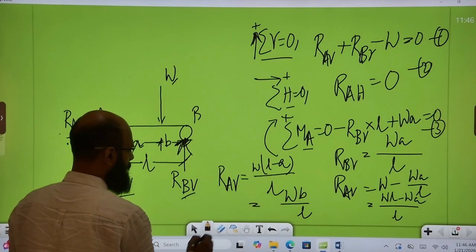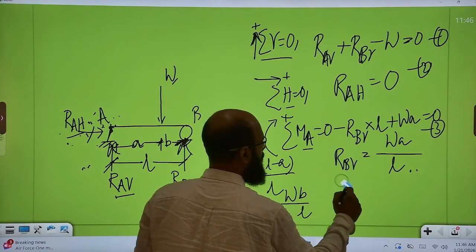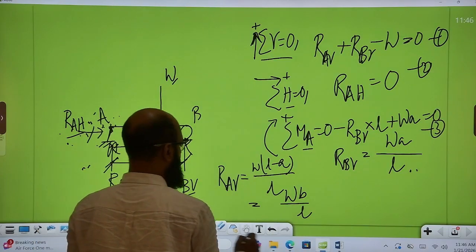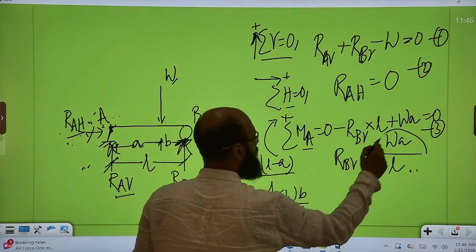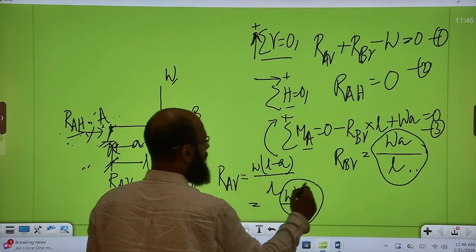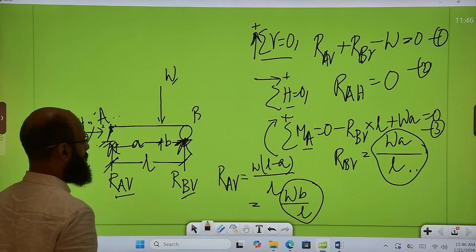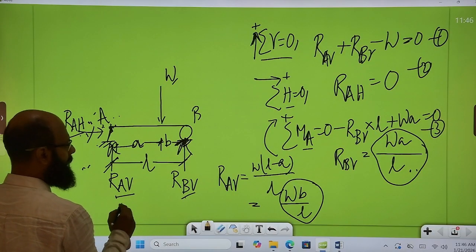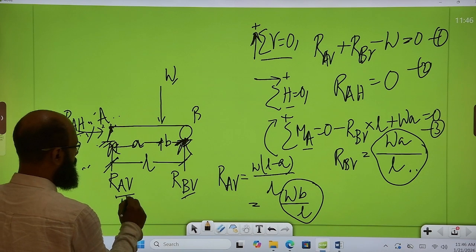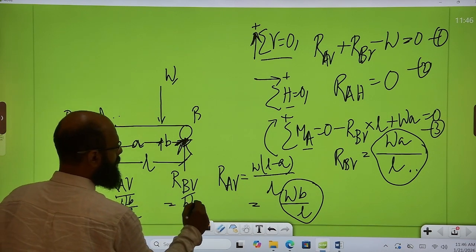So you can now write this condition: RAV is Wb by L and RBV is Wa by L. Just the complementary thing.